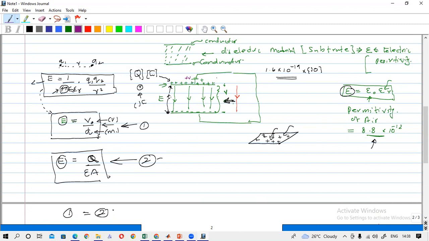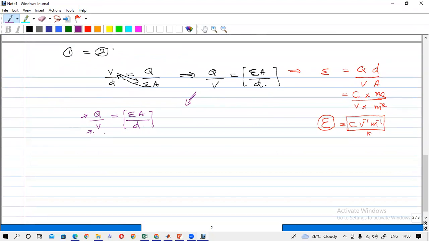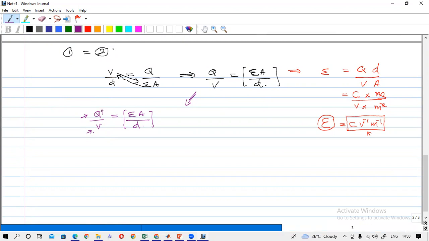When we increase the voltage, the charge will increase, and when we decrease the voltage, the charge will decrease. If Q is increasing, V is increasing, and if Q is decreasing, V is decreasing. That is the normal way.